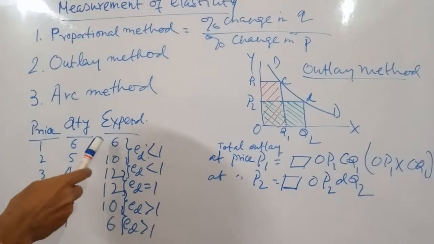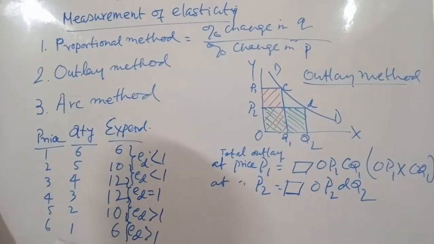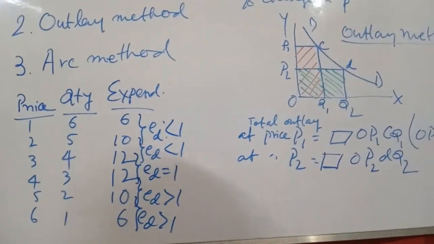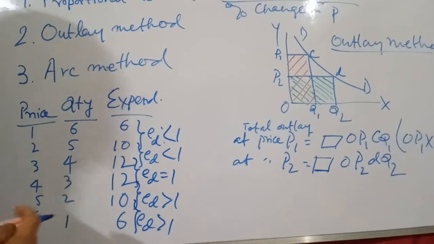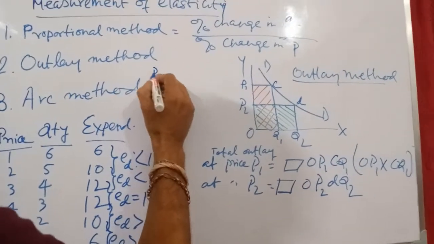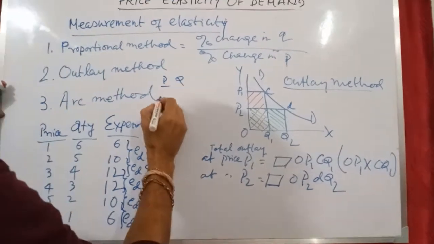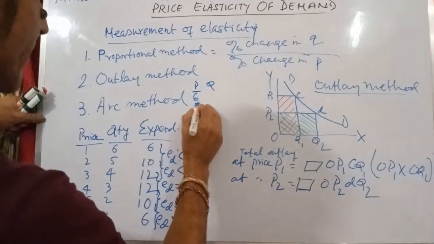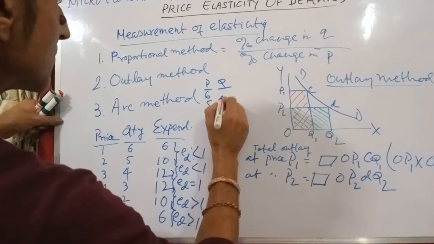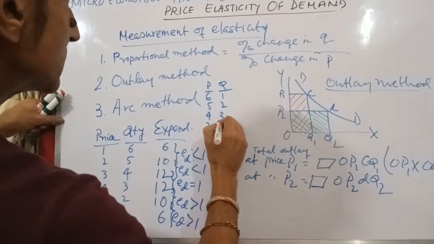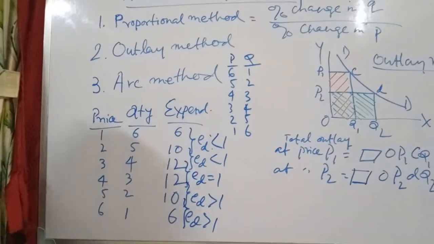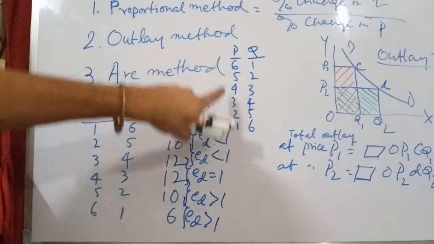If we put this data in another way, we will find the same thing. Suppose price is falling 6, 5, 4, 3, 2, 1. We have put the same data in a different way.